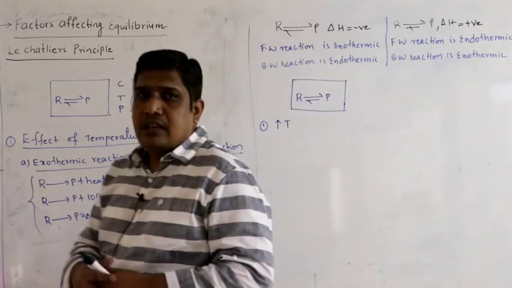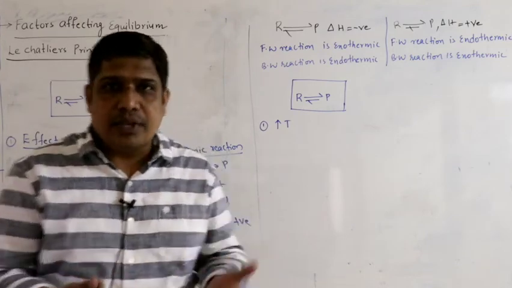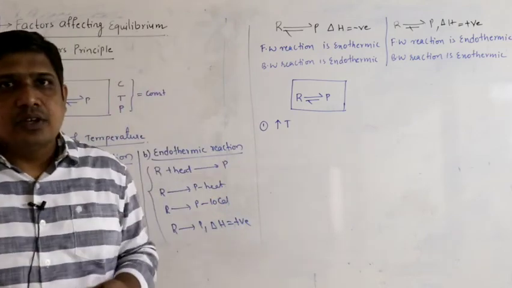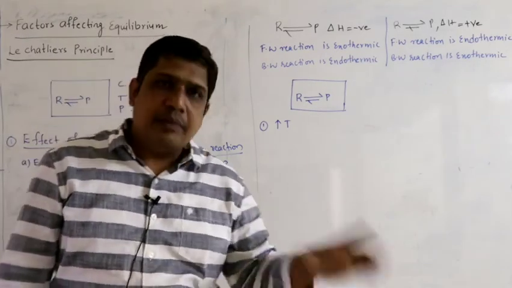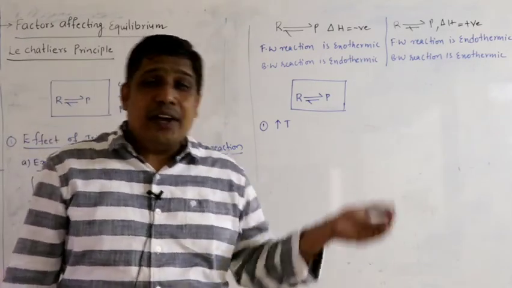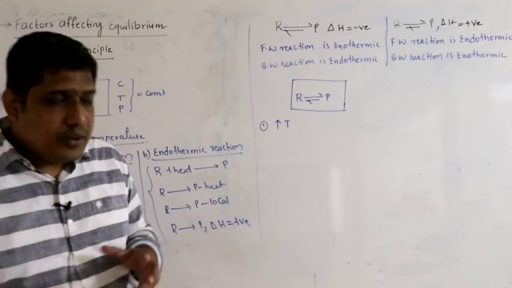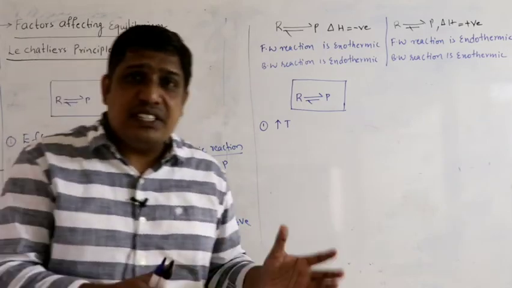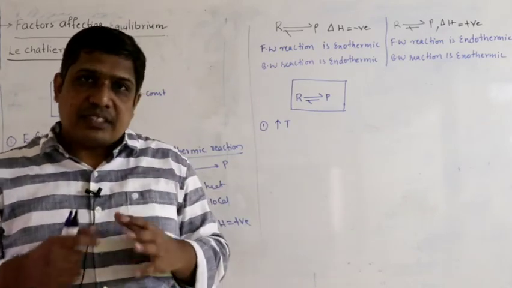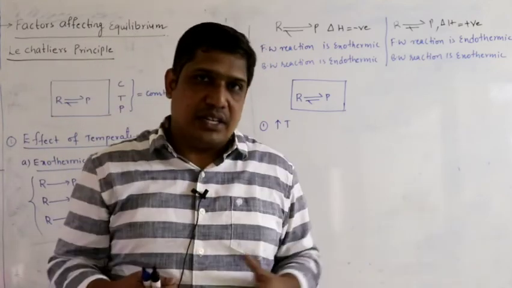First point, the system does not remain at equilibrium because you are disturbing it, you are heating it. But the system will try to re-establish the equilibrium. How? It will proceed for some time in a direction which absorbs energy.